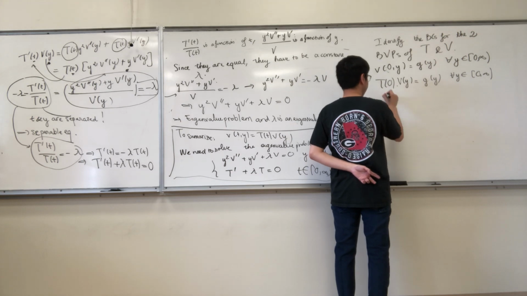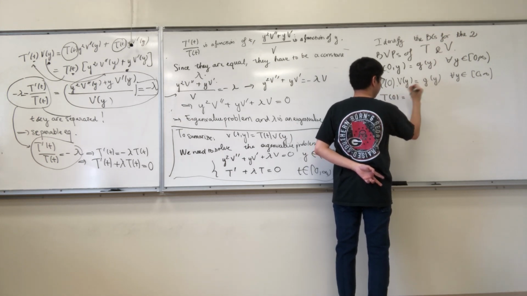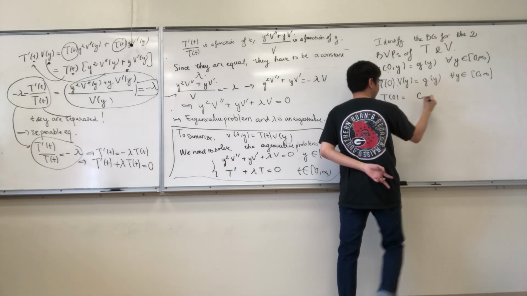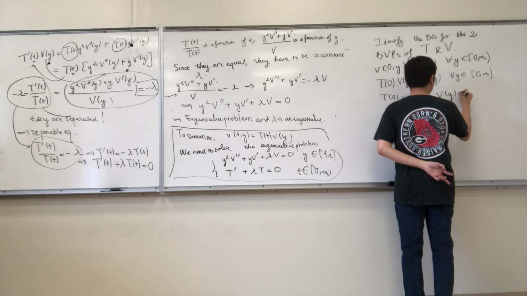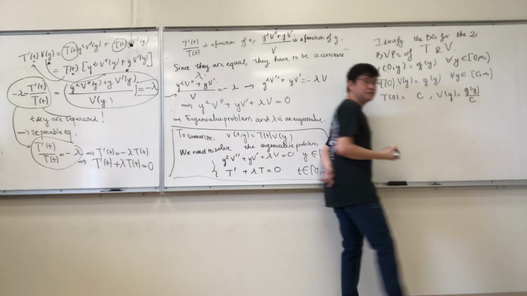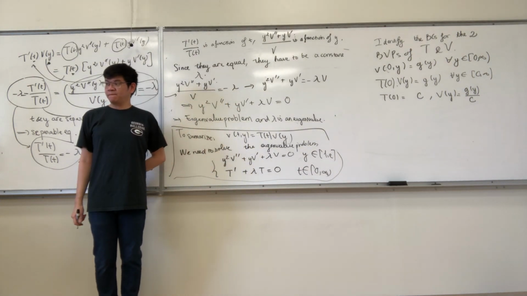So in this case, you have T(0) is a constant c, and V(y) is g over this constant c. C is some constant. All right. It's clear.